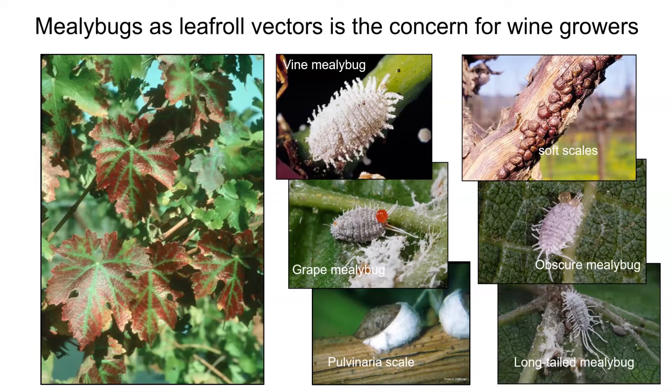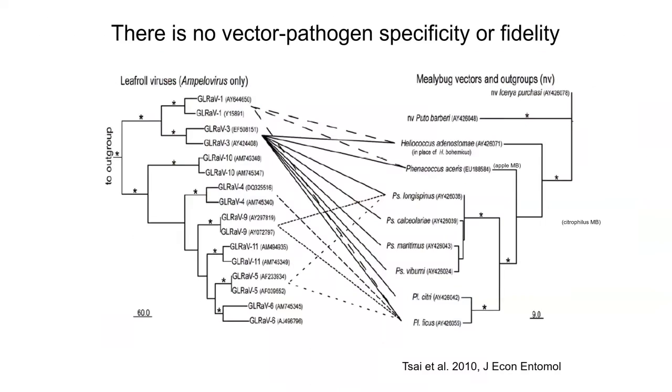I show pictures here of the vine, grape, obscure, and long-tailed mealybug. I do that because it doesn't matter which mealybug you've got. They tend to all be vectors of leafroll. So this is just an association chart. Don't worry about the mealybug species names on the right.